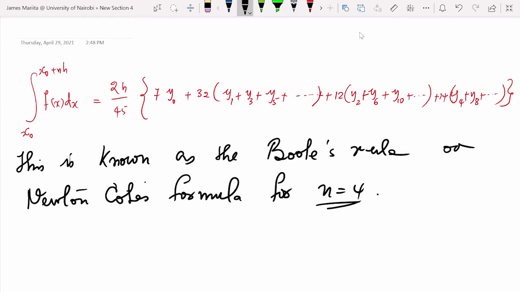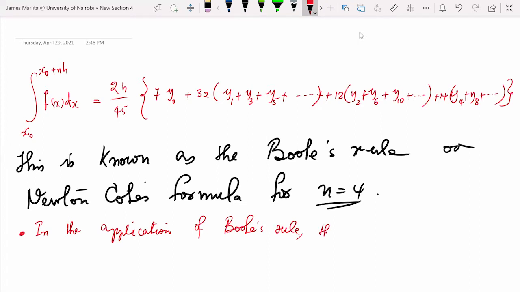One thing that you're supposed to observe is that while applying Boole's rule, the number of sub-intervals should be taken as a multiple of 4.